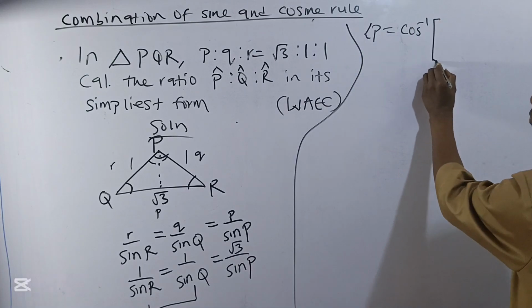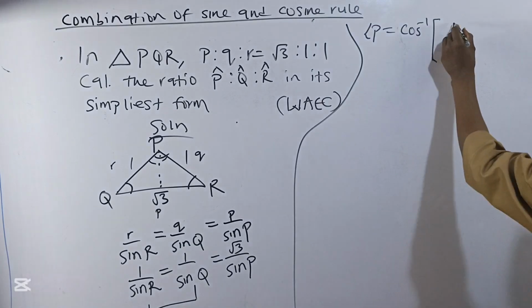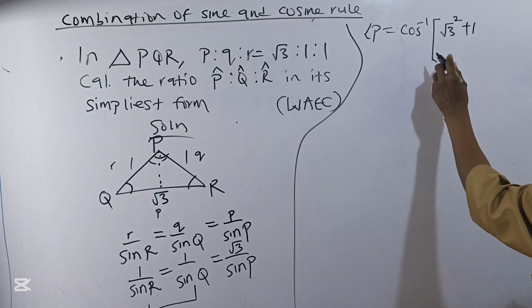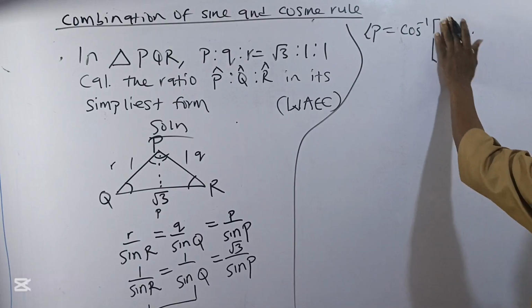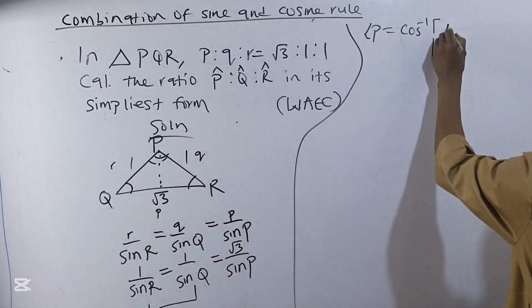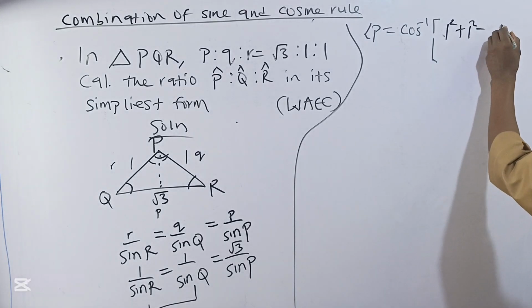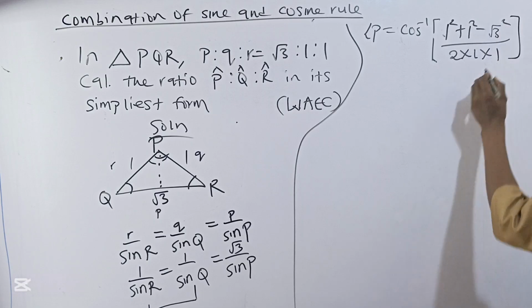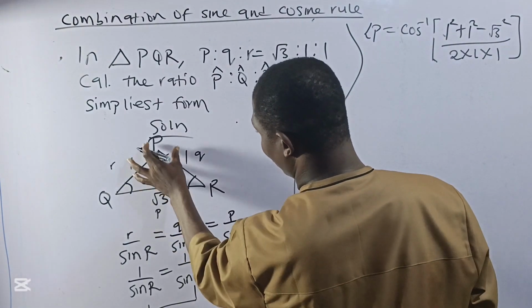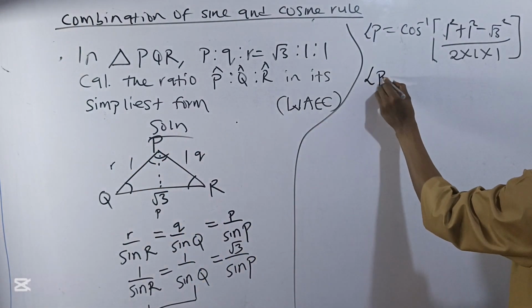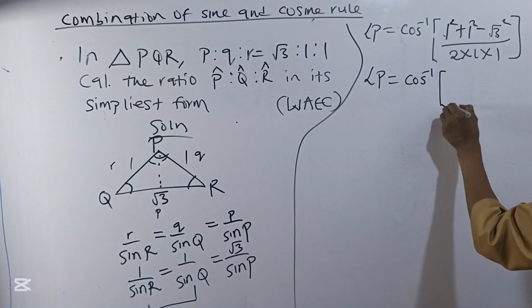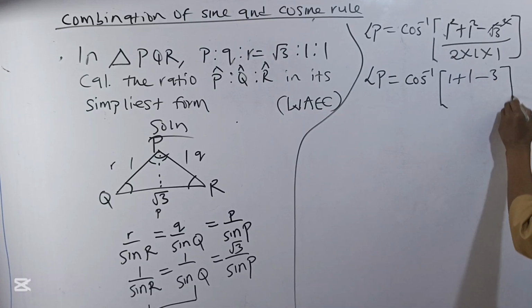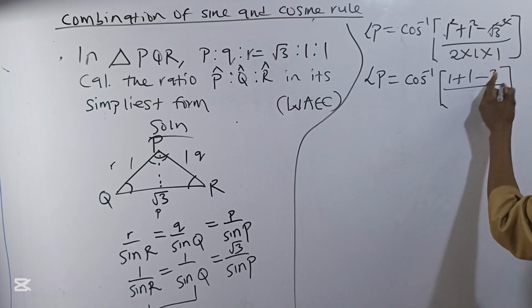So if I want to get my angle P, I will have angle P equal to cos inverse of open brackets, the two other sides, 1 square plus 1 square minus root 3 square, all over 2 times 1 times 1. Please take note, this is the side, and I'm looking for this angle. So angle P is equal to cos inverse of 1 square is 1, another 1 square is 1, minus root 3 square which is 3, all over 2 times 1 times 1, which is 2.